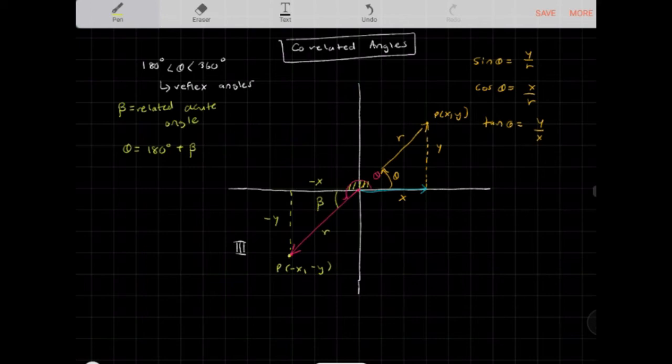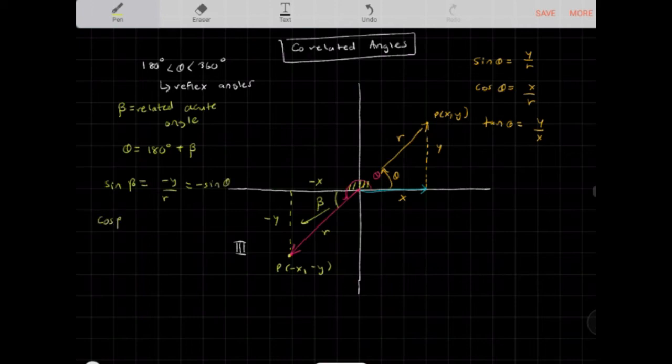If we took a look at that, we can know here that sine beta is equal to opposite side negative y over hypotenuse radius r, right? So sine beta in the third quadrant, you can see that the related acute angle is equal to negative sine theta.